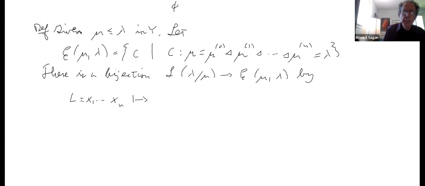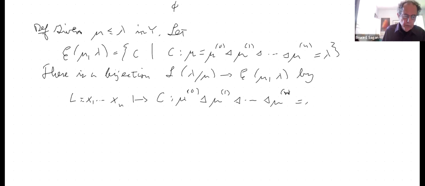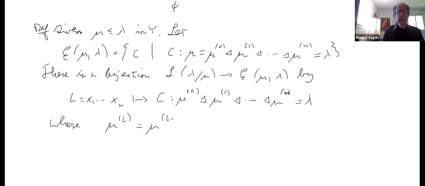That gets mapped to a chain where you start at mu zero, of course, that's given to you. And then you've got these covers. And I just need to tell you how to get the intermediate steps of the chain. And it's very simple. The ith partition in my chain is just the one below it, and I have to add a box, right? Because it's a cover, and you just add the box. Remember, x1 through xn, these are labels of boxes. Just add that box.